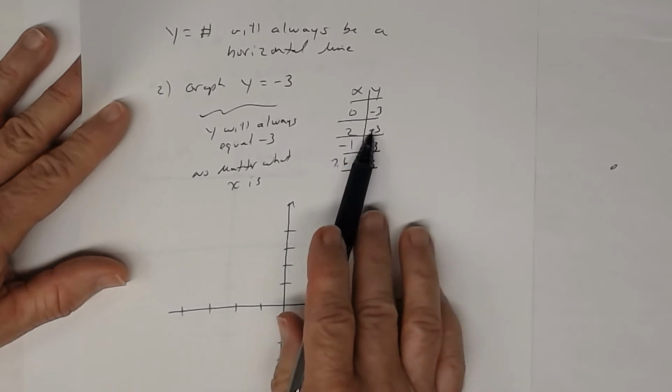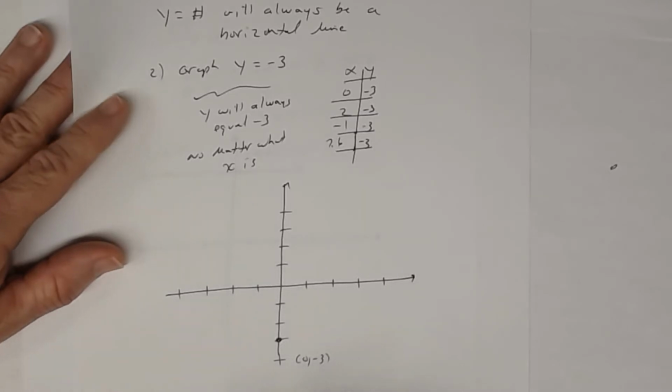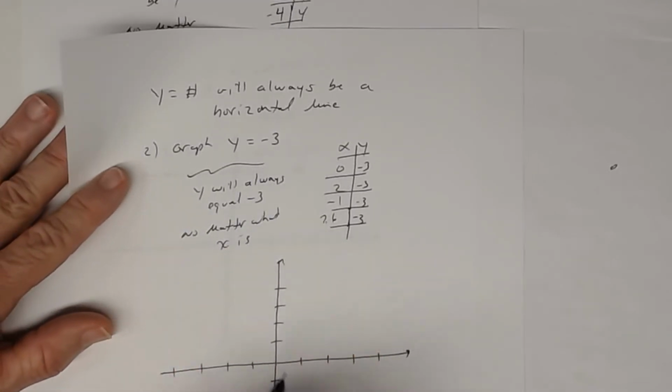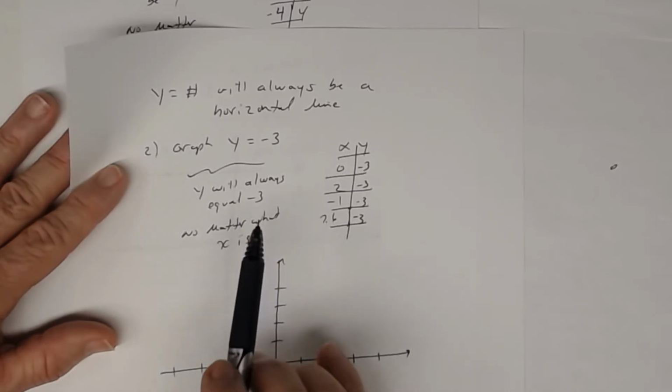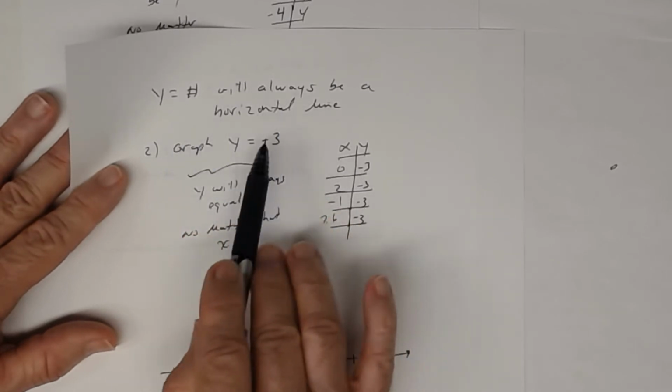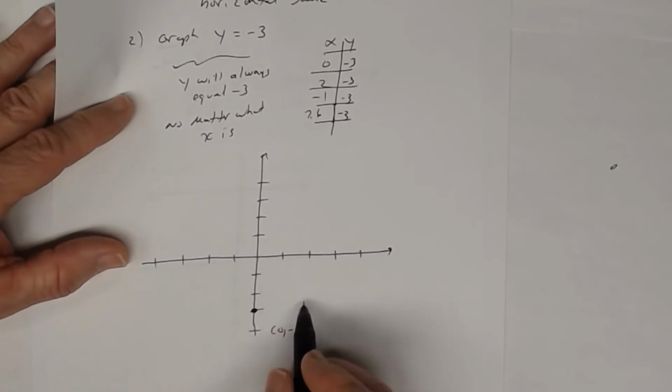And so let's plot the point 0, negative 3. So 0, negative 3 is right here, right? Now before I go on, y equals negative 3. Should that be a horizontal line? The answer should be yes, right? Because y equals a number will always be a horizontal line. So let's go into the next one, 2, negative 3. 2, negative 3 is right here.